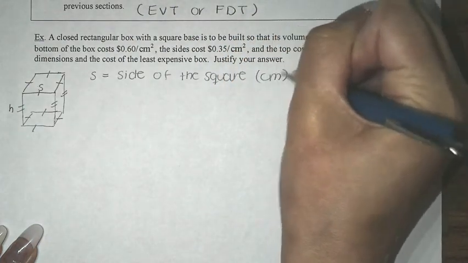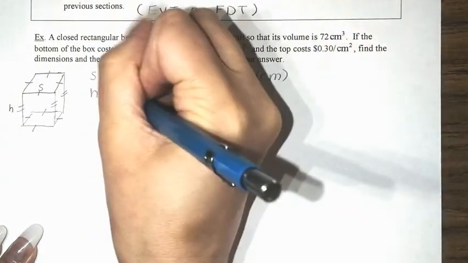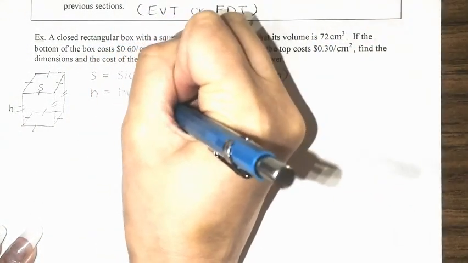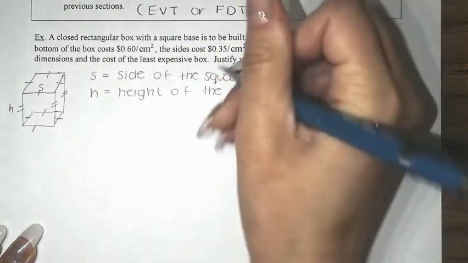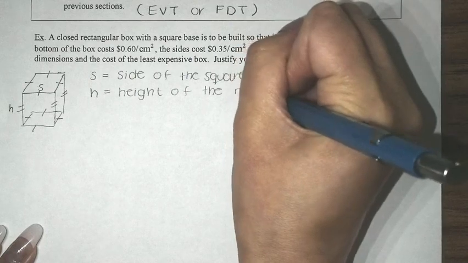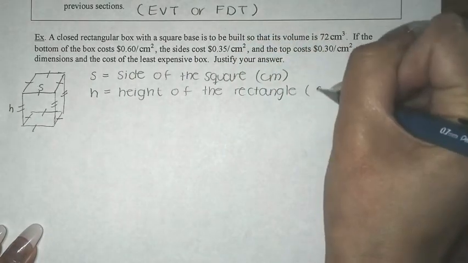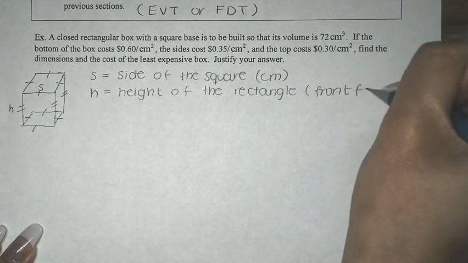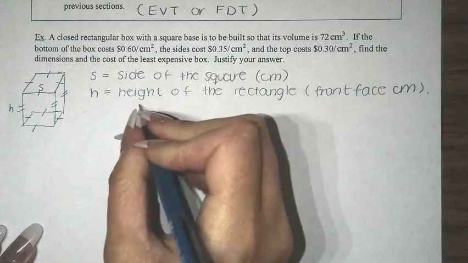And h is going to be the height of the rectangle, or front face, and that one is also in centimeters. So you have that.